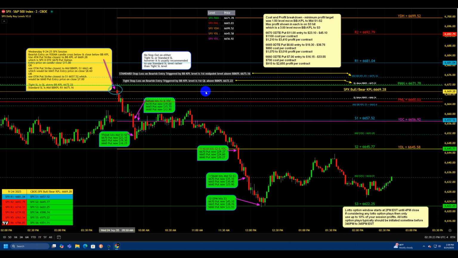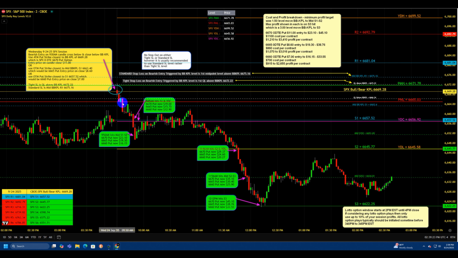So it's one full level from the BBKPL down to S1. A half level move would just be the midpoint. So since our entry is triggered off of the BBKPL, your exit on just a scalp, if that's the kind of trader you are, would be at the S1 level, because that is a one level move.